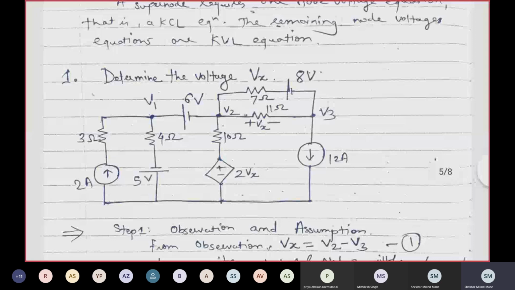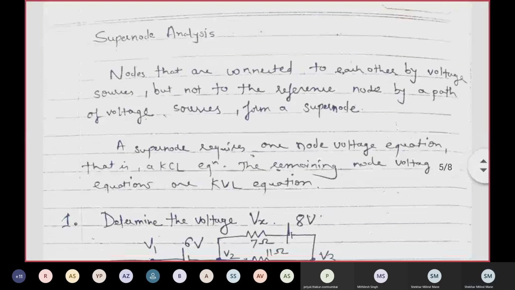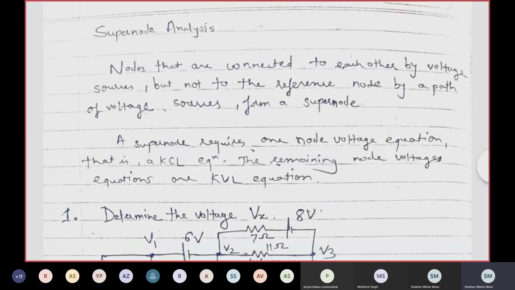Common between two nodes. Whenever a voltage source is present between two nodes, a supernode forms. Nodes that are connected to each other by a voltage source, but not to the reference node by a path of voltage sources, form a supernode.